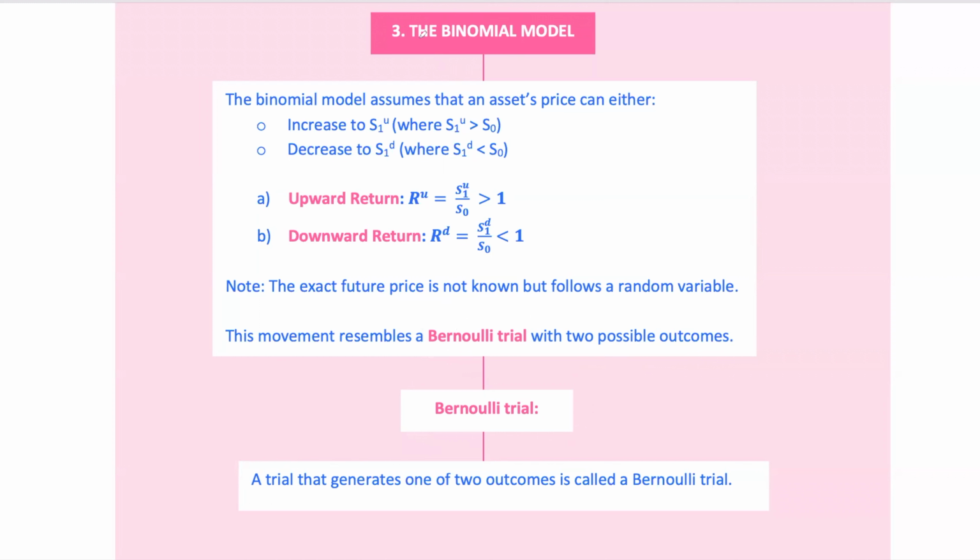The binomial model, on the other hand, is built on multiple Bernoulli trials, where the price keeps moving up or down over several periods, creating a binomial tree. So think of Bernoulli as one step, and binomial as a whole series of steps that help us model price movements over time.